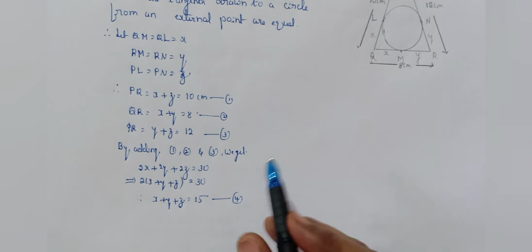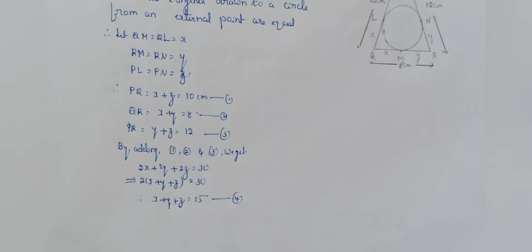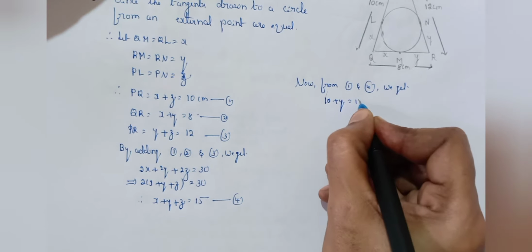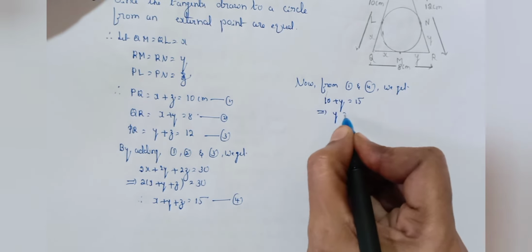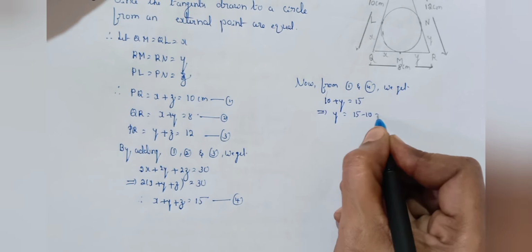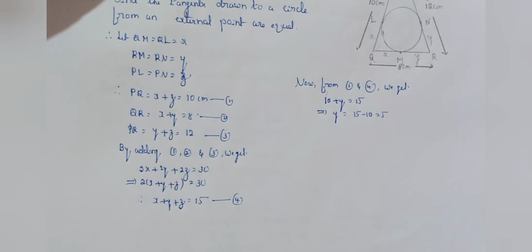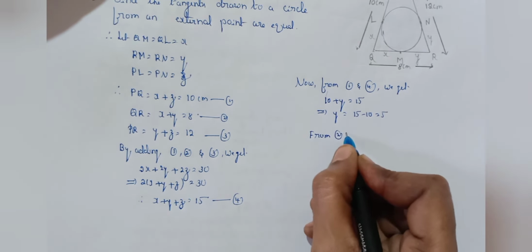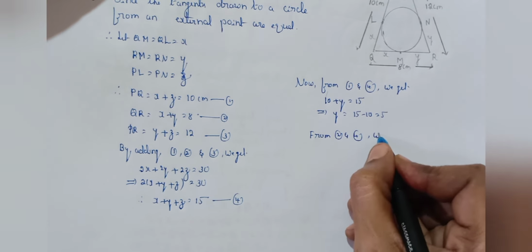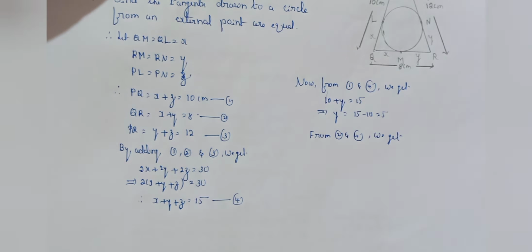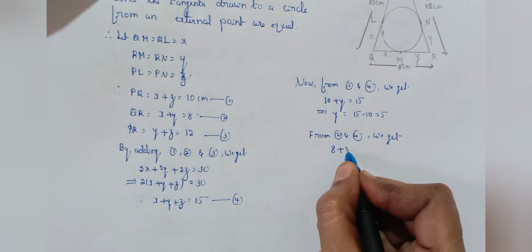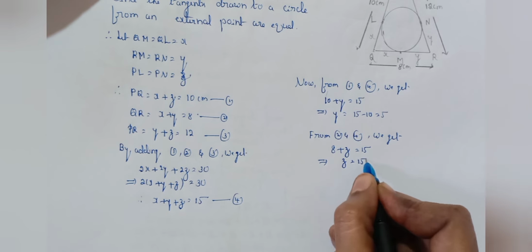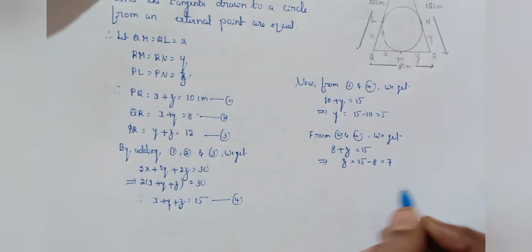Now, from equation 1 and 4, 10 plus y is equal to 15. So, y is equal to 15 minus 10 is equal to 5. Next, from 2 and 4, we get 8 plus z is equal to 15. So, z is equal to 15 minus 8 is equal to 7.